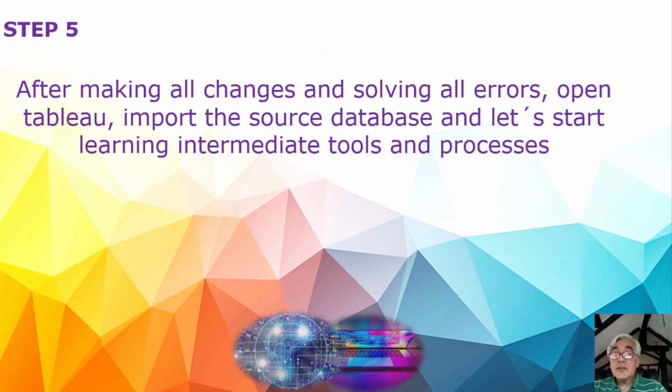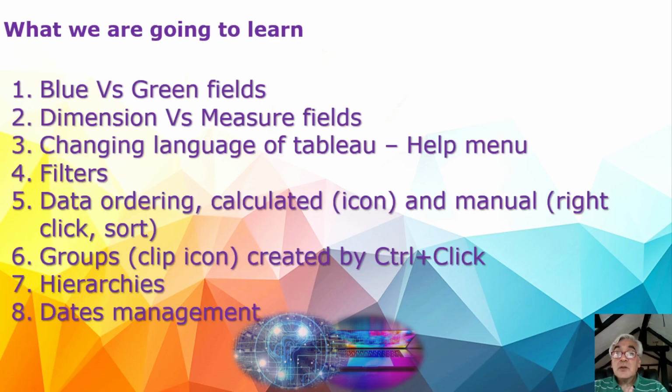Whenever you make the changes and solve all those errors, open Tableau, import the source database, and let's start learning intermediate tools and processes to visualize information. What we're going to learn is, first of all, the difference between blue and green fields, as you have seen, and maybe you haven't realized that there are blue fields and green fields.